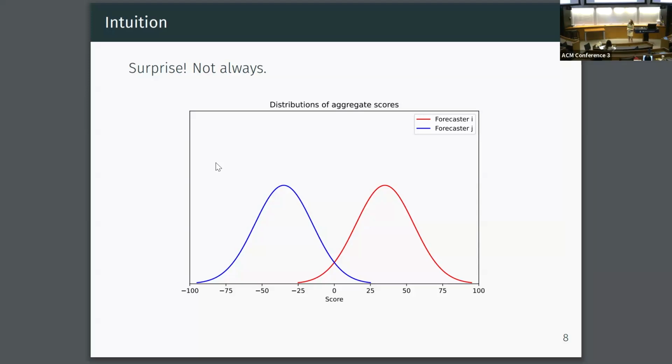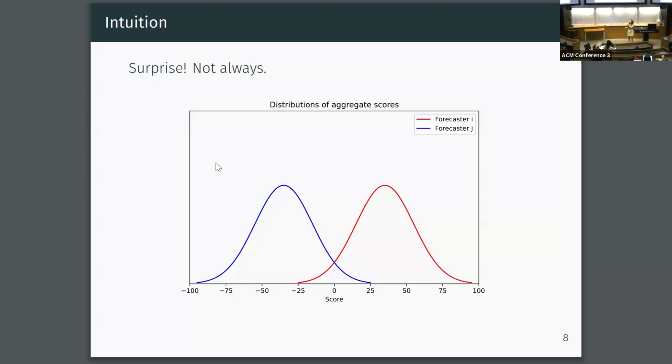In this example we have 2 forecasters, i and j, and their score distributions are plotted up here. This is just the PDF of their scores over 100 events. We can see there's a big separation between their distributions, right? The blue forecaster is pretty far behind and the red is far ahead.